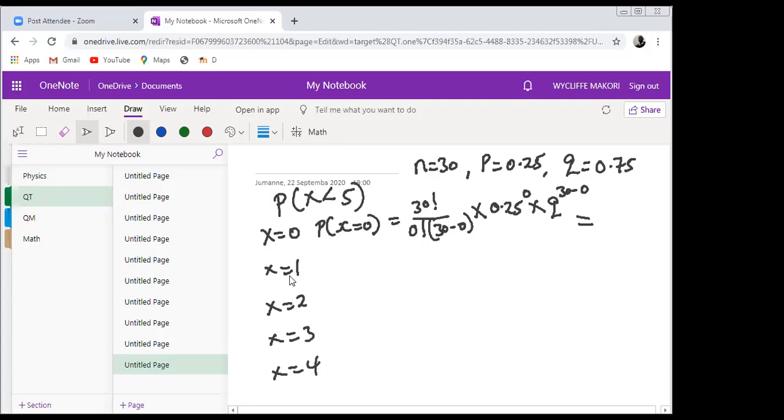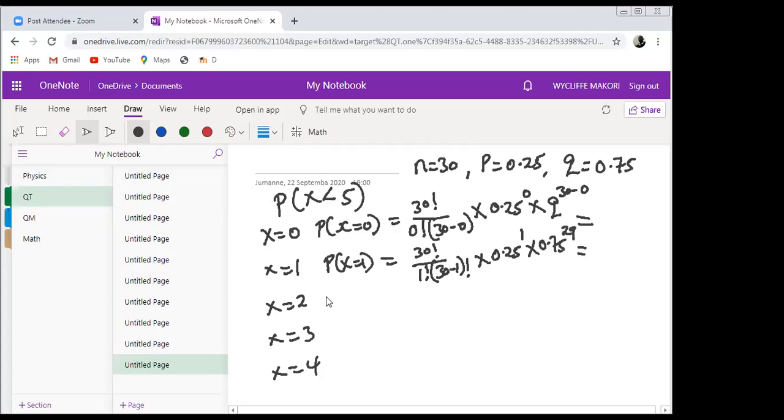If we are looking for the probability of x equals 1, then P(x = 1) is 30 factorial over 1 factorial into (30 minus 1) factorial, times 0.25 power 1, because our x is 1. Then we multiply by q, which is 0.75 power 30 minus 1, which is 29. You get the answer for that part.